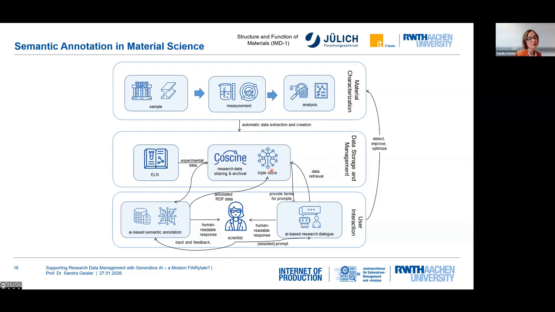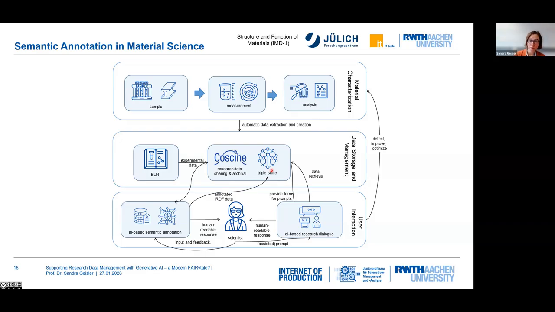So we are looking now in different projects also at different problems of semantic annotation using generative AI, testing different models, testing quality differences, for example, in the input data, and testing different techniques to improve the outcome. For that, we will see a little bit later on how we can improve quality further.